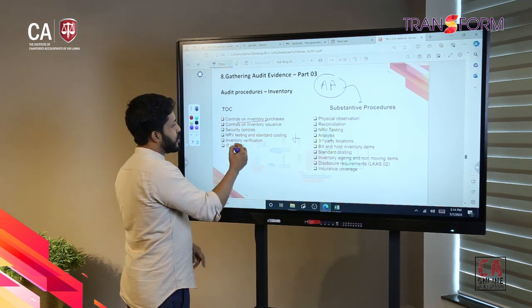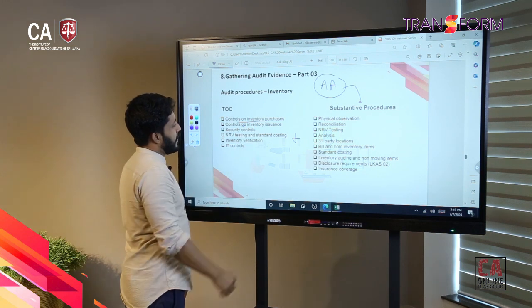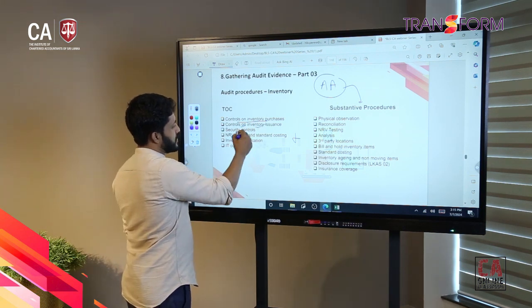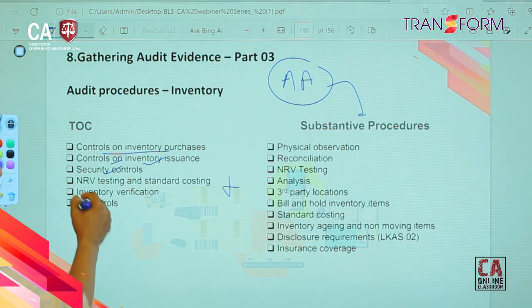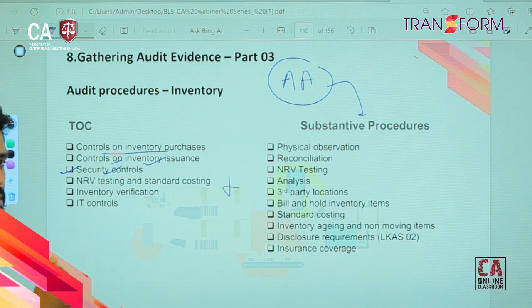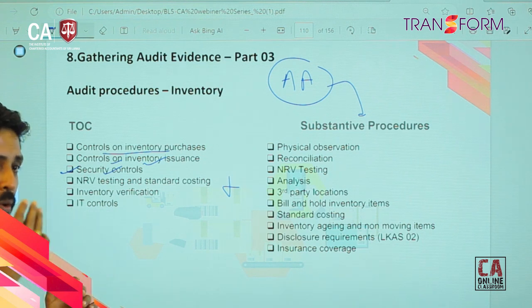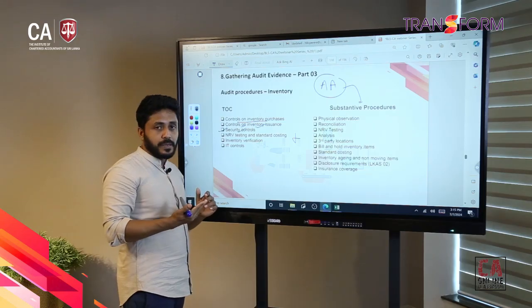So that those controls should be tested. And then inventory issuance and security controls, whether we are having proper warehouses and CCTV monitoring system, do we have any security protocols, like some of the inventory items may be evaporated, right? So then we need to have proper mechanism. Some of the inventory items are perishable items, right?